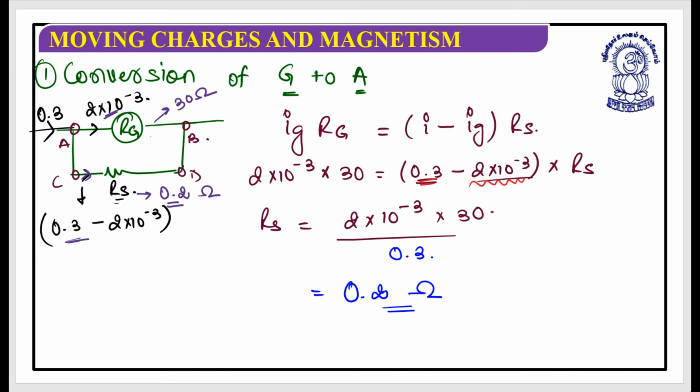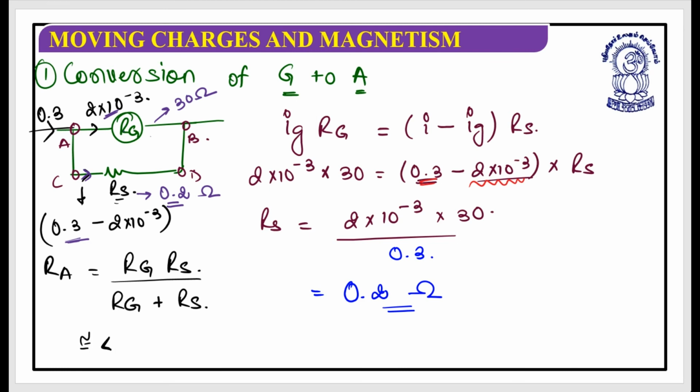If someone asks what would be the resistance of the ammeter, then the resistance of the ammeter can be written as Rg multiplied by Rs divided by Rg plus Rs. So this is the resistance of the meter.